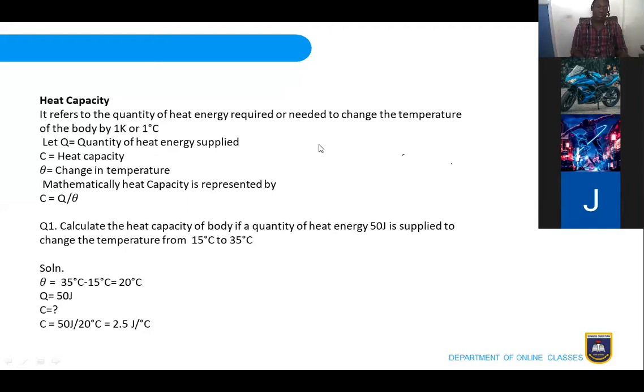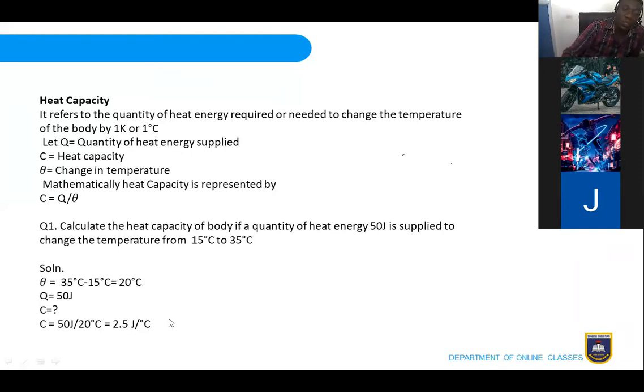So the change in temperature is 35 minus 15, which is 20. The Q is 50 joules. The C, we don't know it. That's what you are about to calculate. So C will now be the Q, which is 50, over the change in temperature, which is 20. Then you get your answer to be 2.5 joules per degree Celsius.